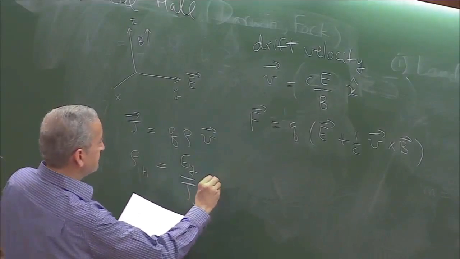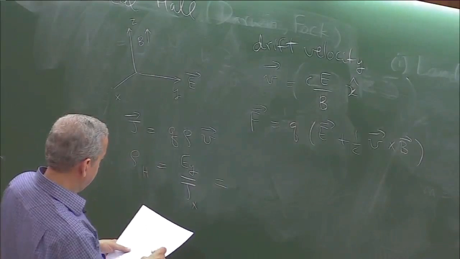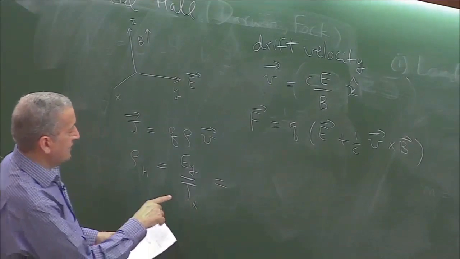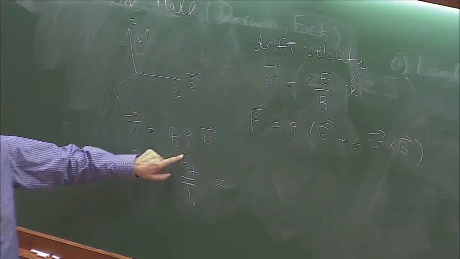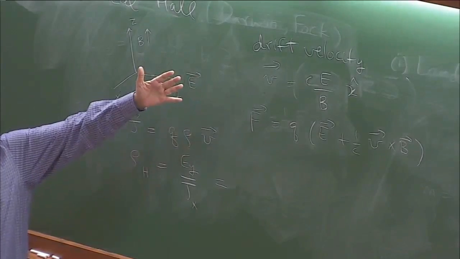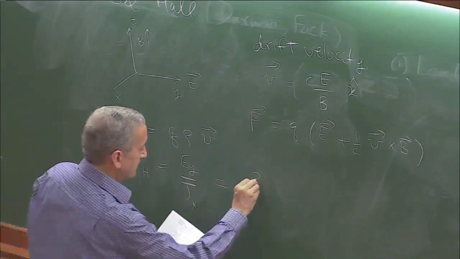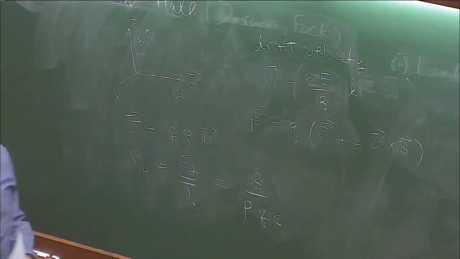So Jx has an Ey in it because the velocity depends on the electric field. So you substitute these quantities here and you will end up with this relation that I had shown on one of the slides.